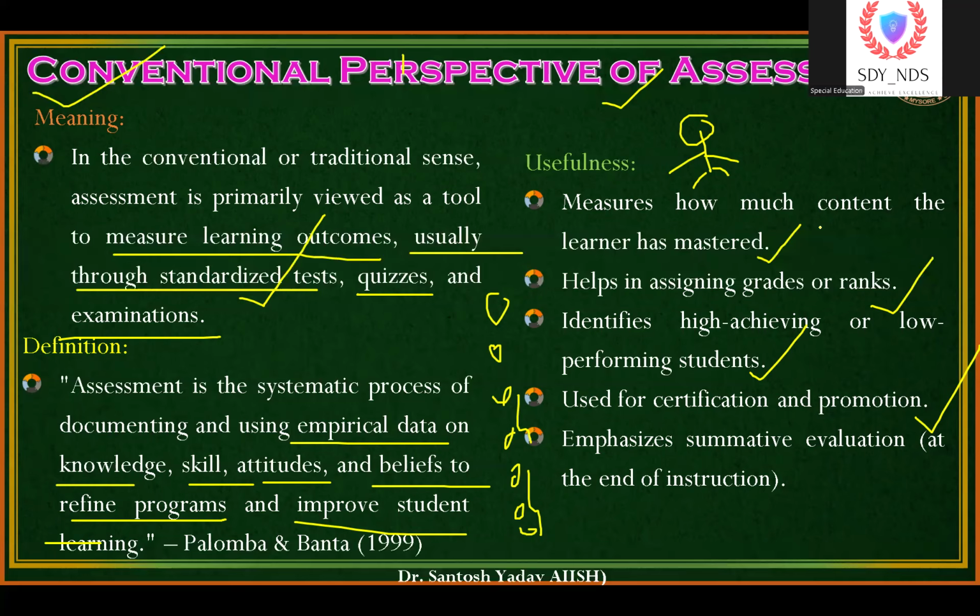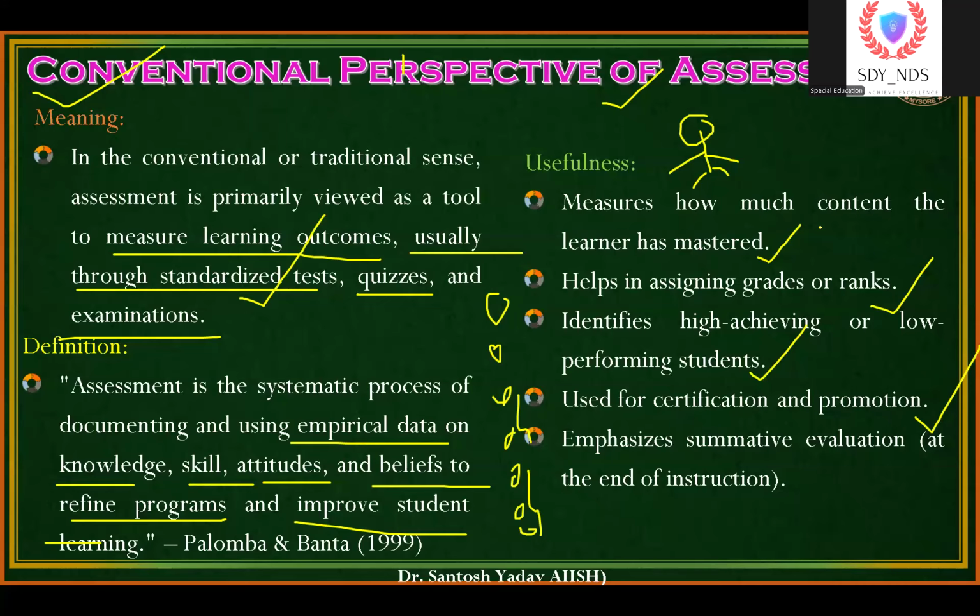They sat in the examination, wrote everything, and that made the assessment. After assessment, they collected the marks, and on the basis of marks, certification was made. So conventional assessment helped to make certification and promotion.